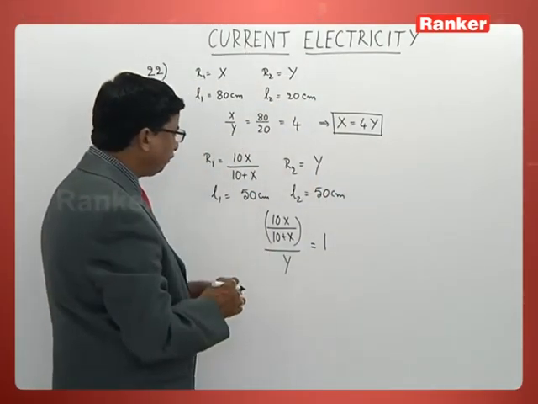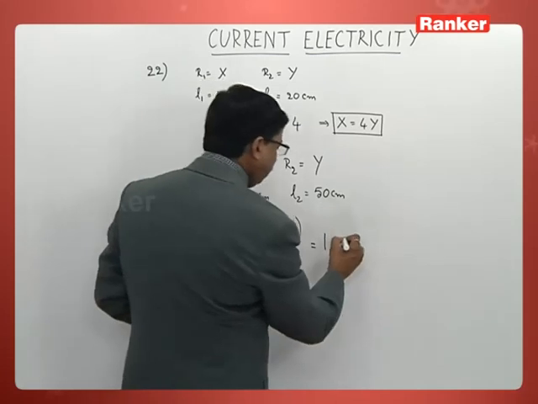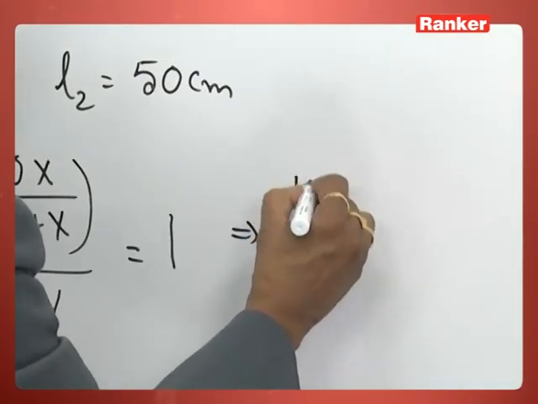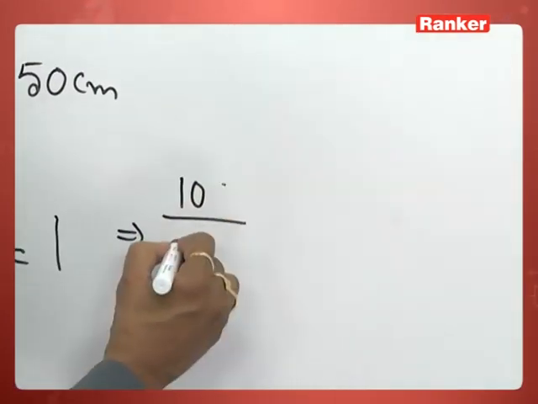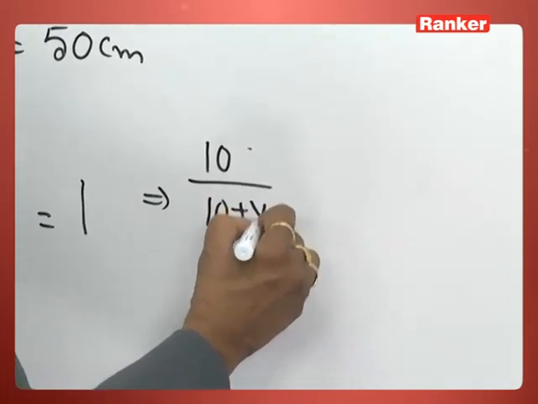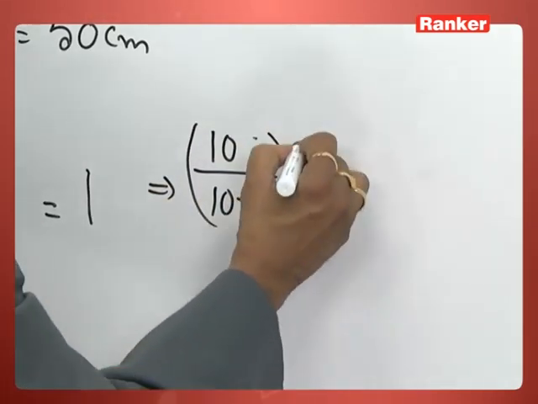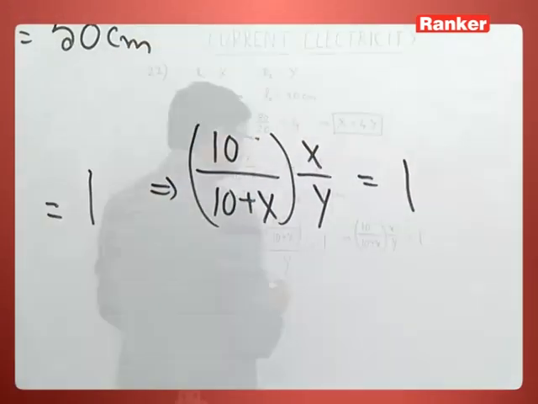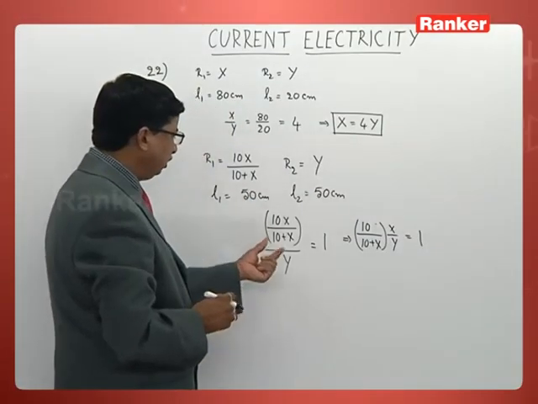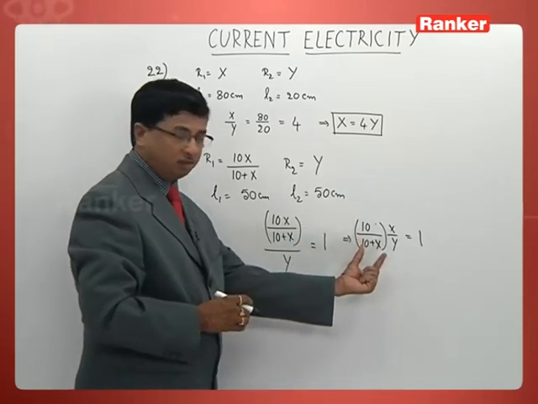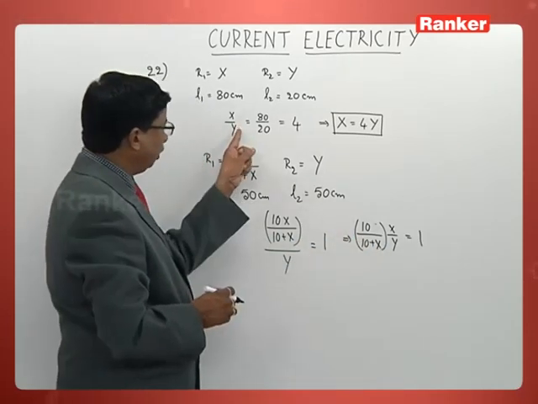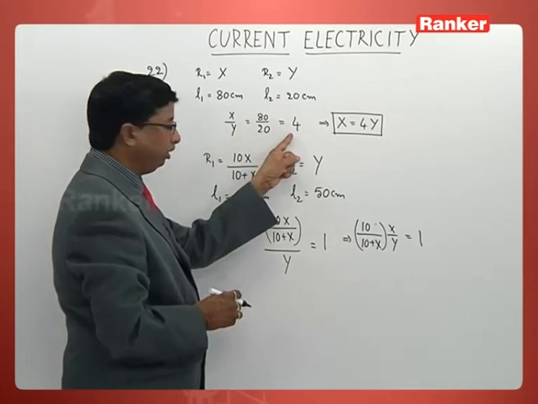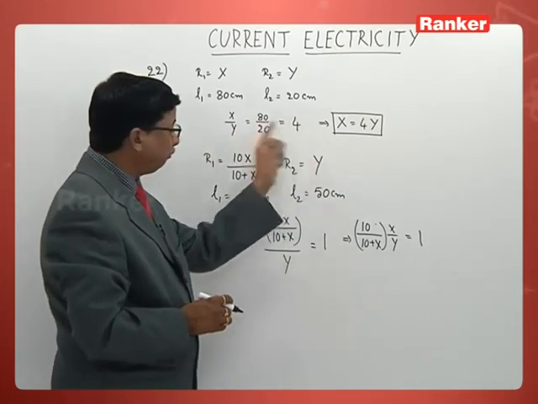So what we can understand from this, look at the next step. 10 by 10 plus X into X by Y is equal to 1, I write. You can certainly rewrite the same equation this way. But already we have got the value of X by Y. It is known to us as 4.